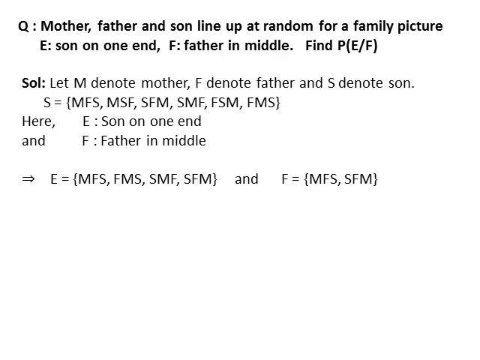So, we have 2 favorable outcomes, that is MFS and SFM. Also, E intersection F means son on one end and father in the middle. So, E intersection F contains 2 favorable outcomes as shown.